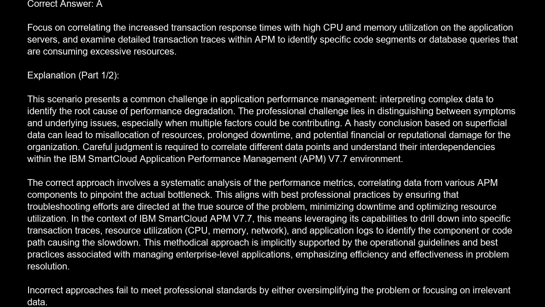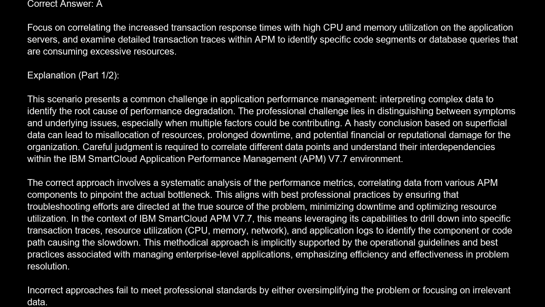The correct approach involves a systematic analysis of the performance metrics, correlating data from various APM components to pinpoint the actual bottleneck. This aligns with best professional practices by ensuring that troubleshooting efforts are directed at the true source of the problem, minimizing downtime and optimizing resource utilization.